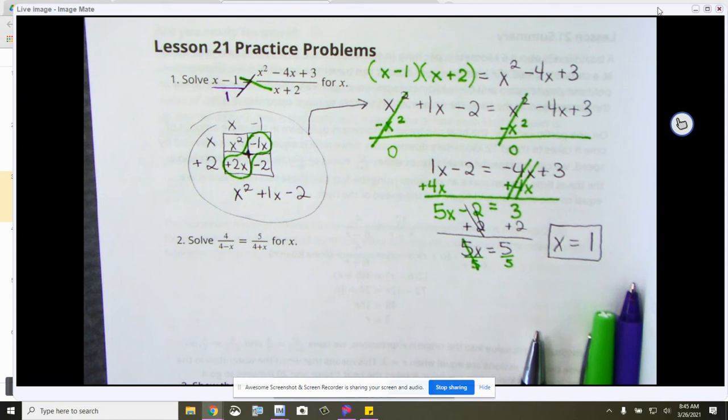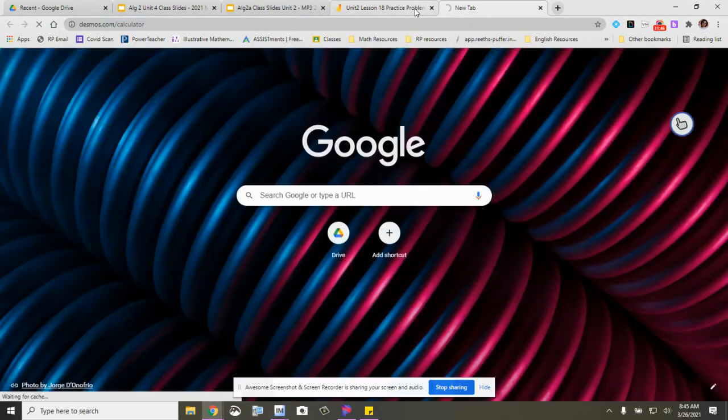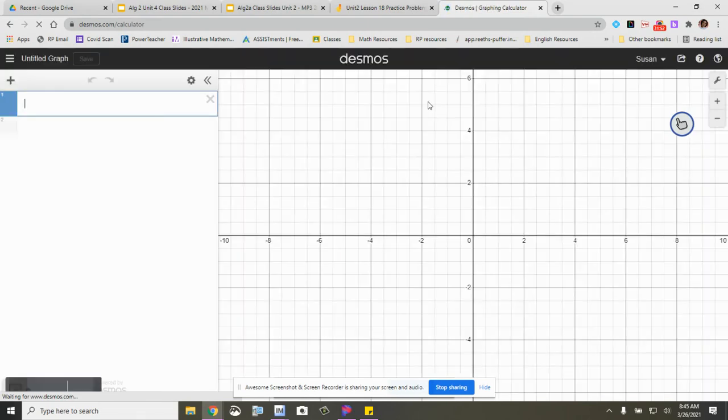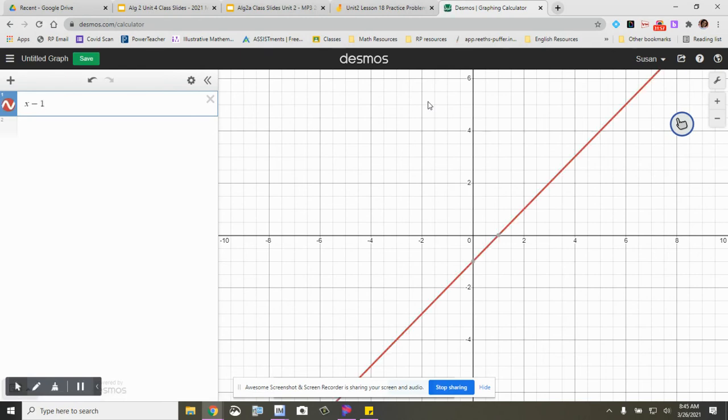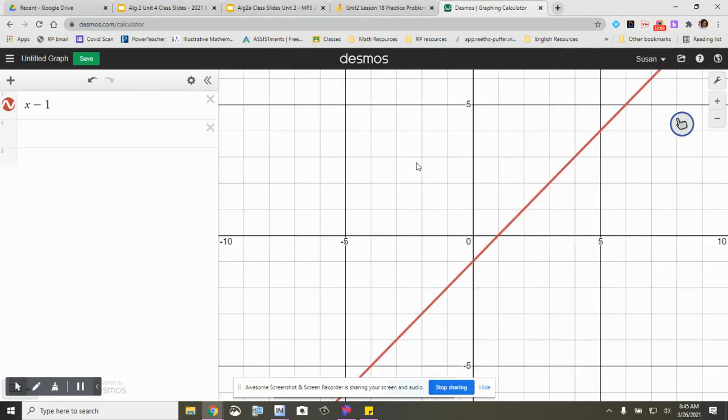Just curious what this looks like on Desmos. We haven't used Desmos for a little bit. I'm curious what this looks like on Desmos if I had these two things equal to each other. So I'm just going to have my x minus 1 as my first equation. And I'm going to put my other equation.